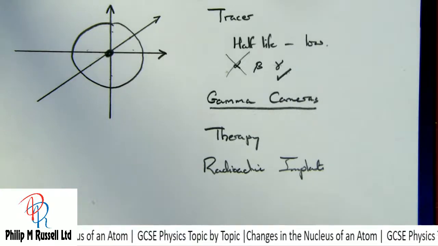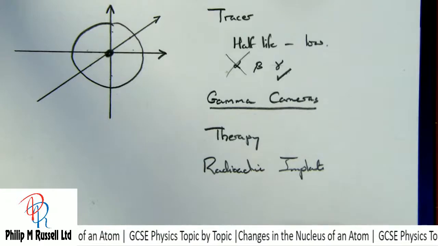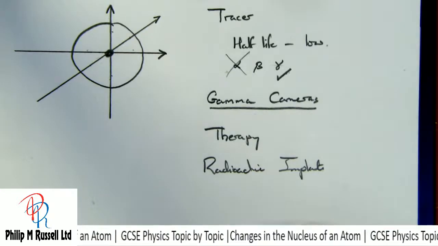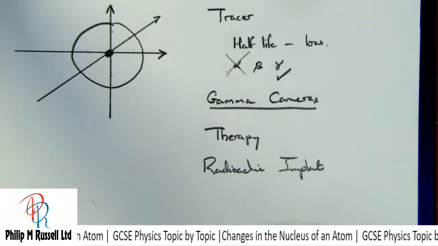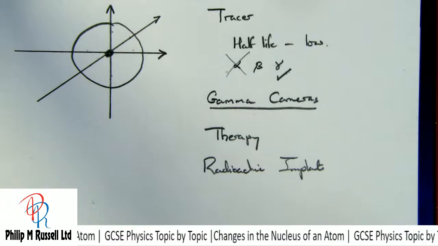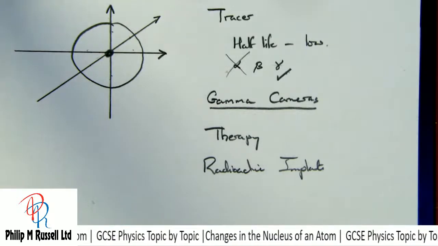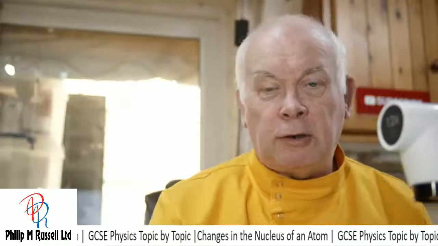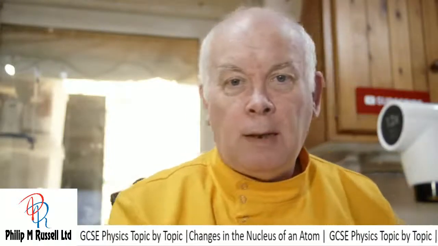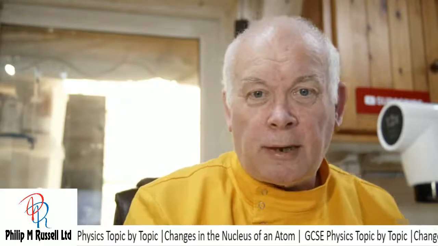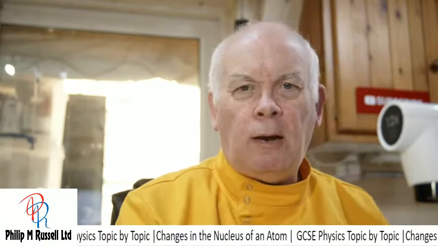We can use it in business. We can use it to perhaps measure the thickness of metals. One of these is the production of aluminium, and when we make aluminium we pass beta particles through the aluminium, and we know how much it's going to absorb.